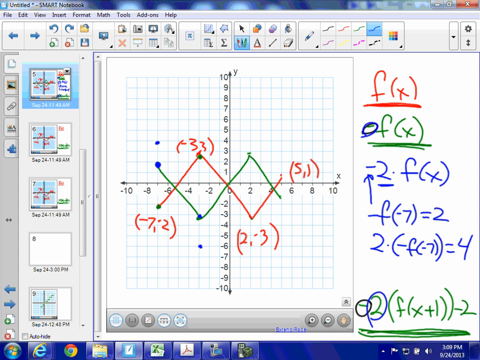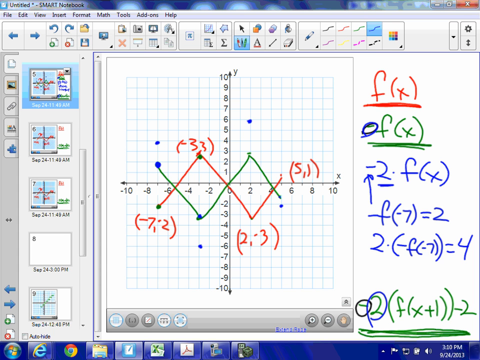So here was f of 2, negative f of 2 is positive 3. I'm going to double the positive 3 to 6. f of 5 was negative 1. I'm going to double it to negative 2.